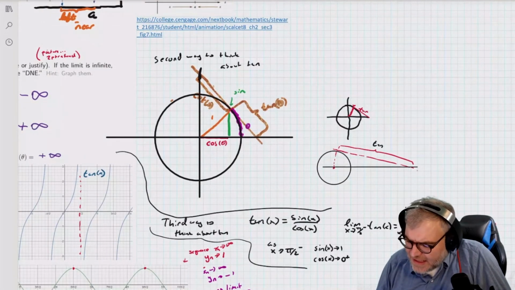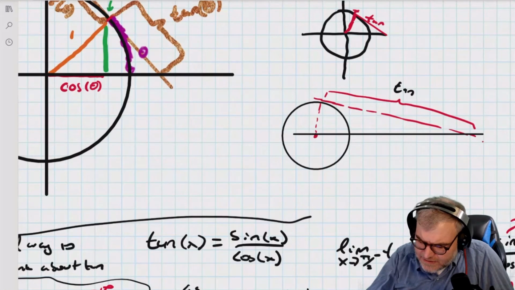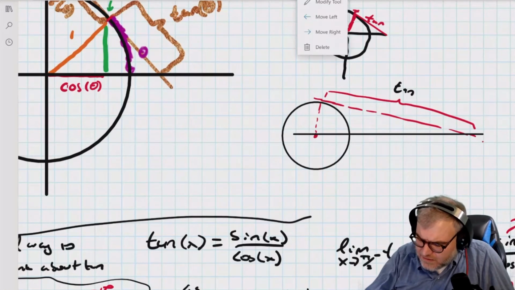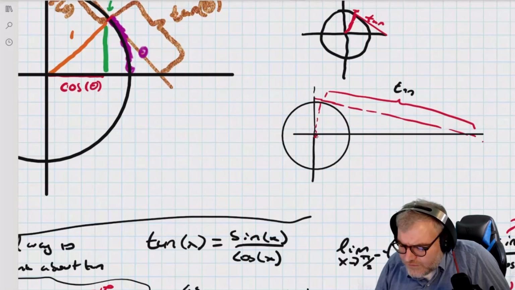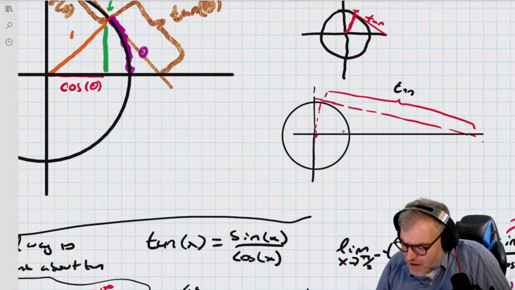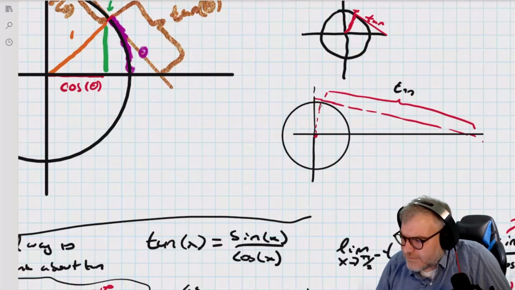Remember that tangent is actually a length. So if this right here is the arc length, tangent is actually the length of the line that skirts the circle, that's perpendicular to the radius at my point.